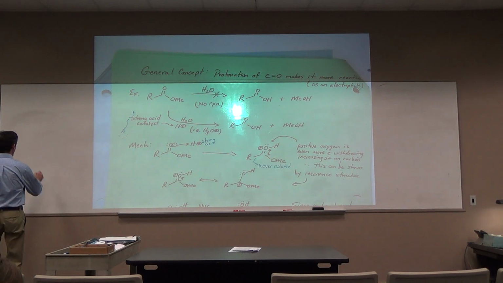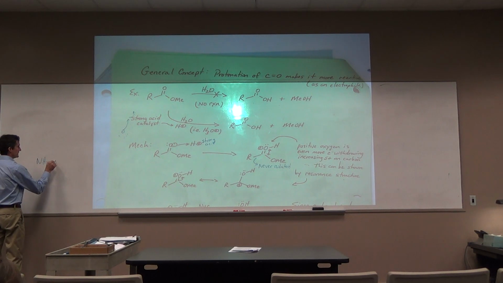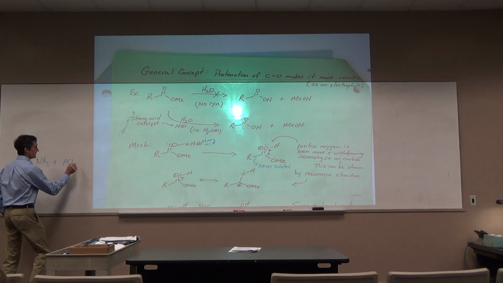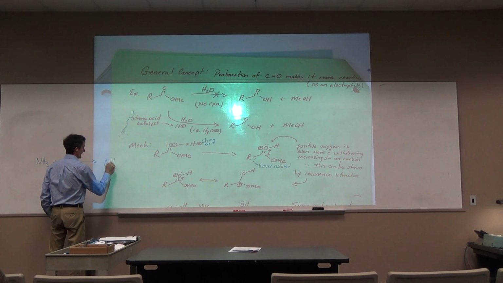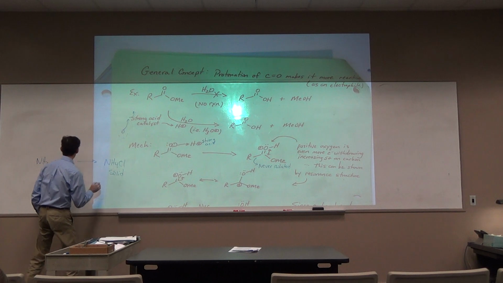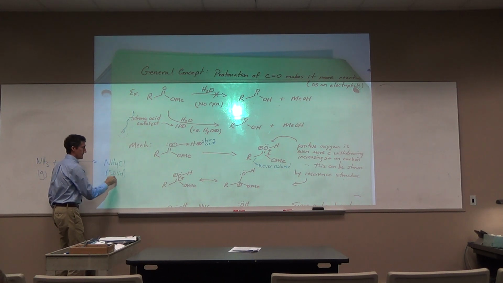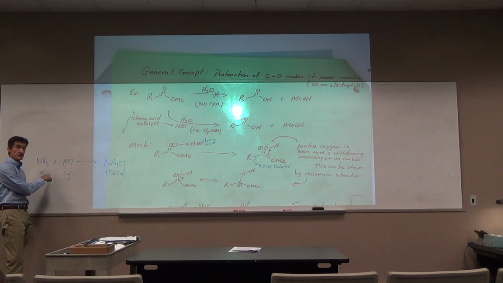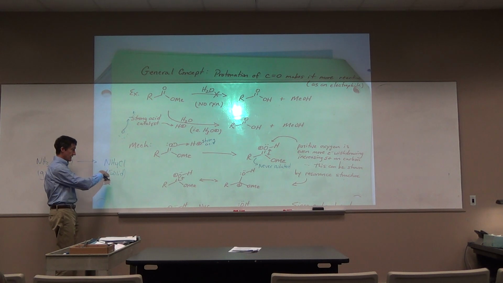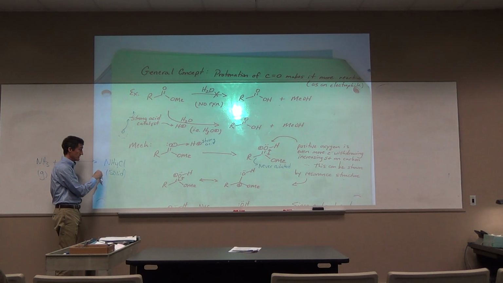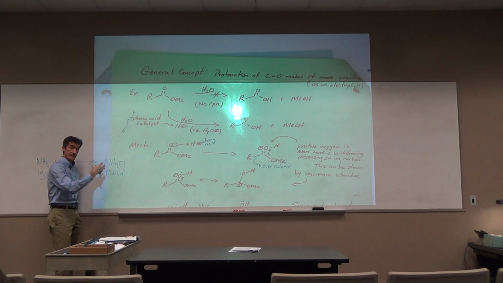On the other hand, if you take something like ammonia plus HCl, both of these are gases. These will react to give you a new product, ammonium chloride. It's ionic. You can isolate it and say, hey, I have this product, ammonium chloride.